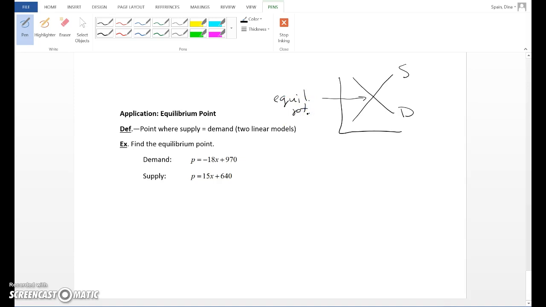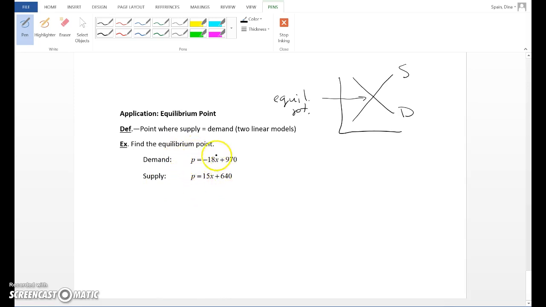Alright, so here, find the equilibrium point. Okay, they already give you the models. P here is the price and X is the unit volume. Alright, the number of units produced or sold. P is the price. Okay, for demand they give you this for the price, and for supply is this one.